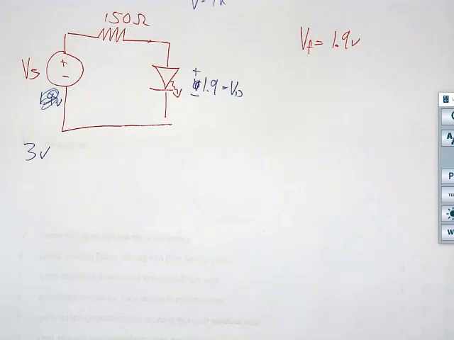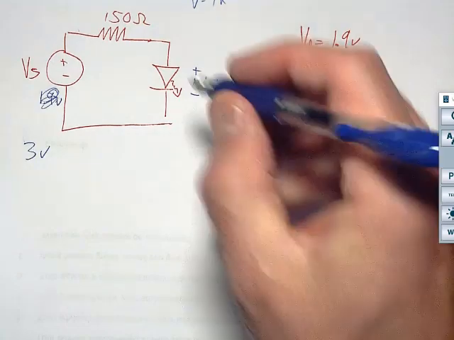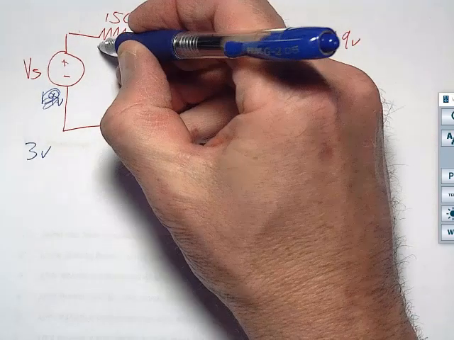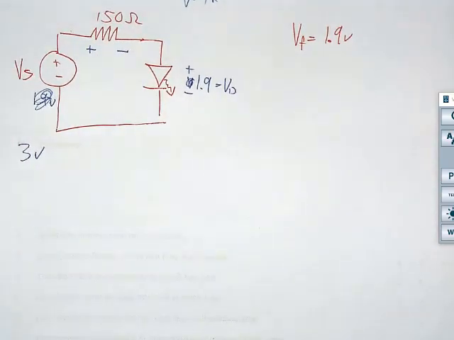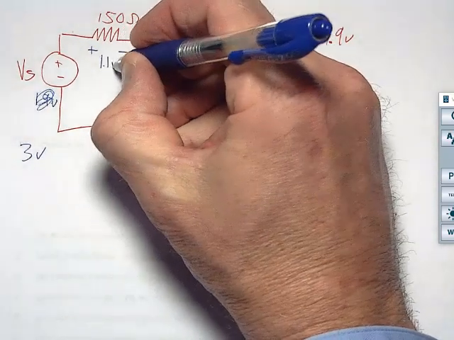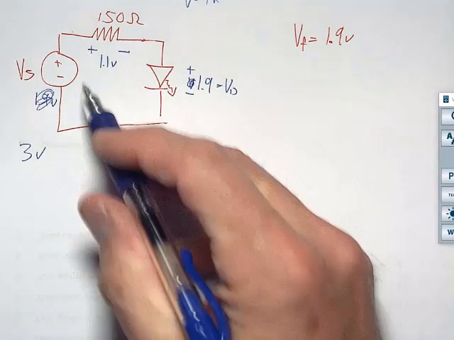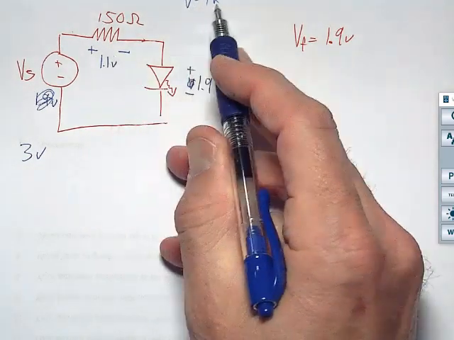Well, what would tell us what the current is in this circuit? Ohm's law. Because if this is 1.9, what is left for our 150 ohm resistor? 1.1 volts. All the other voltage goes across there. I can say V is equal to IR.